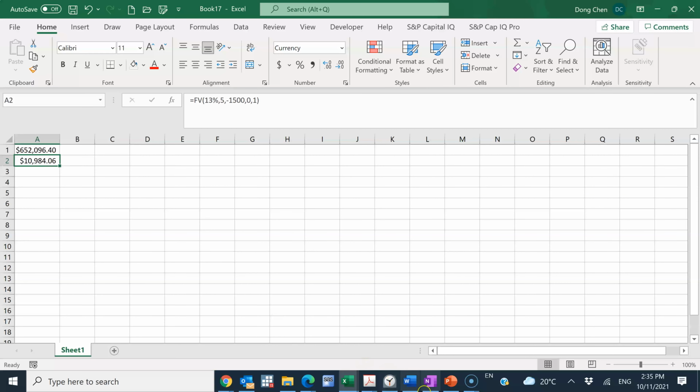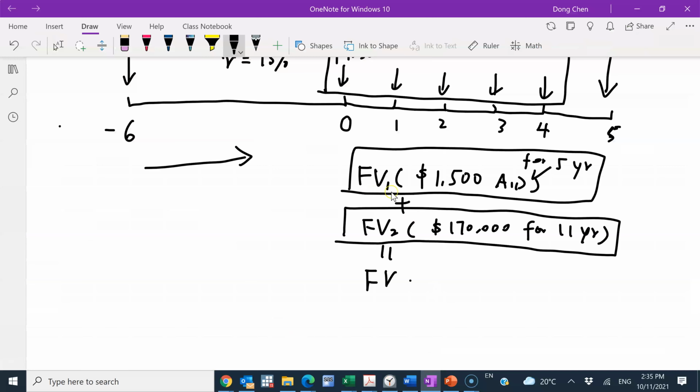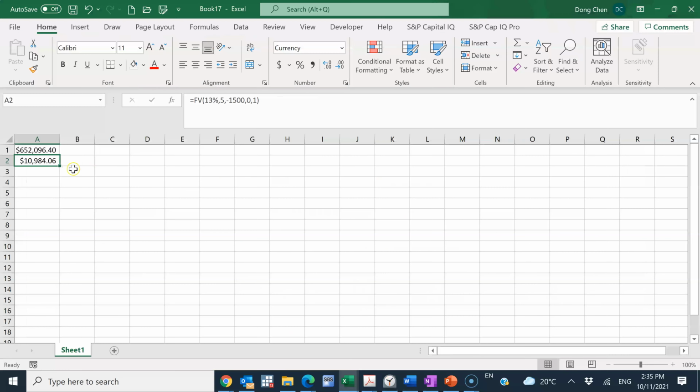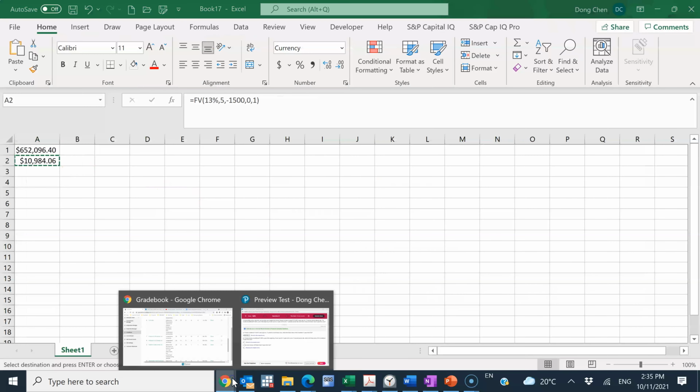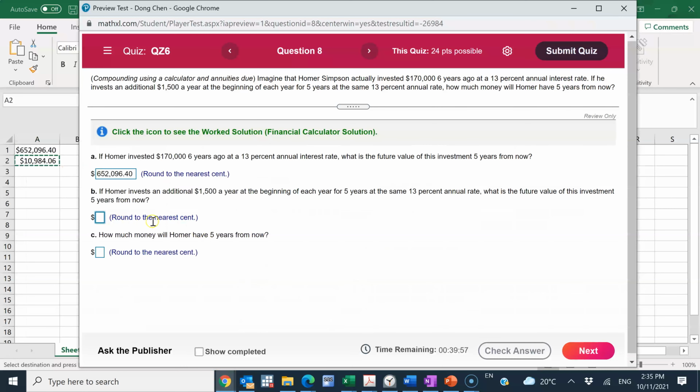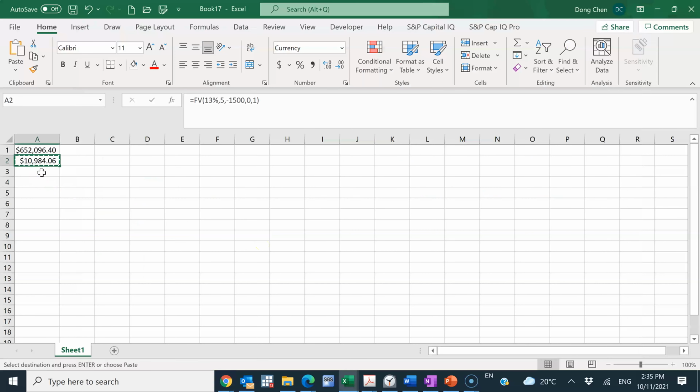That's actually in our terminology here. That's the first future value, and then we just need to copy that amount back. And I think I followed this rounding requirement, round to the nearest cent. So as I said, this is just one way to get the future value of annuity due.